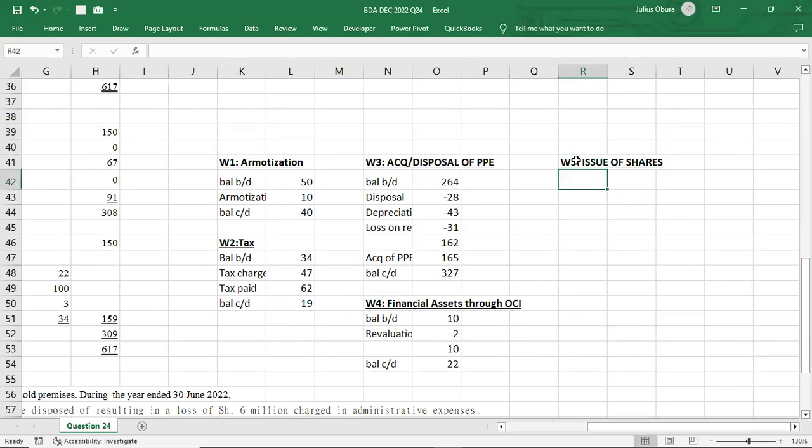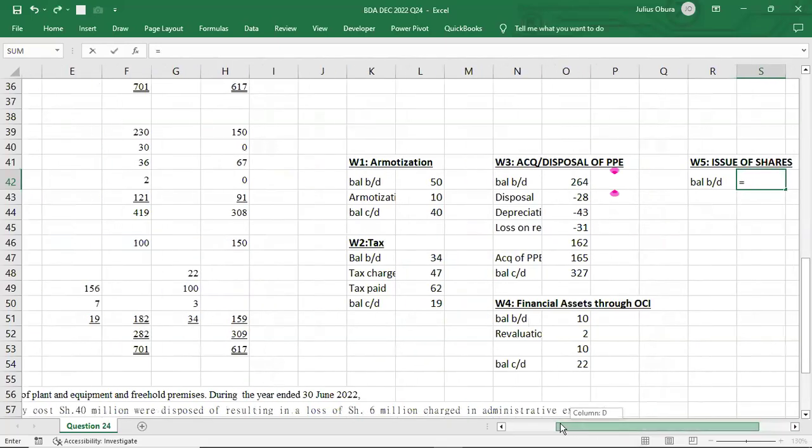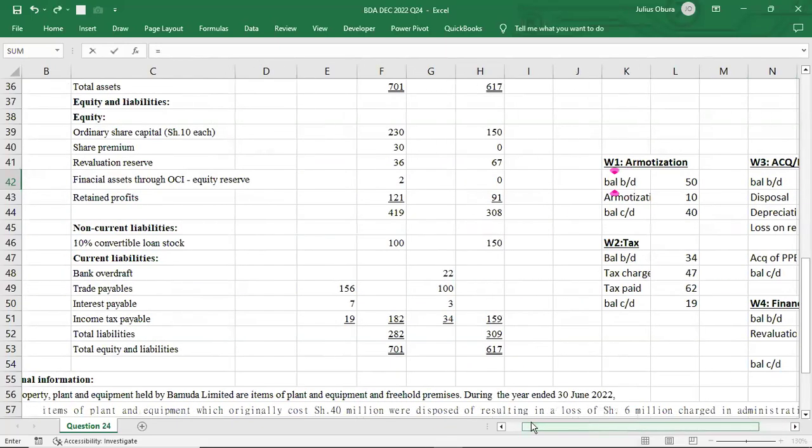All right. So I will first of all start with my balance brought down. And my balance brought down is equal to ordinary share capital. Is it? So we have ordinary share capital of 150. Yeah, we should put it together with the share premium.